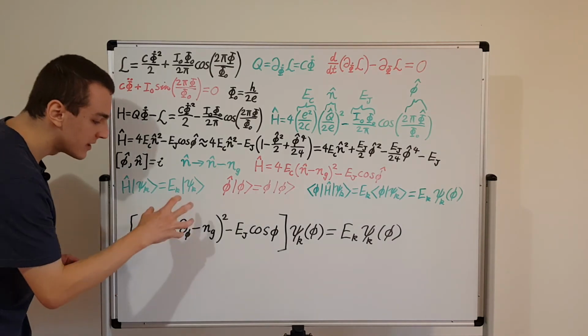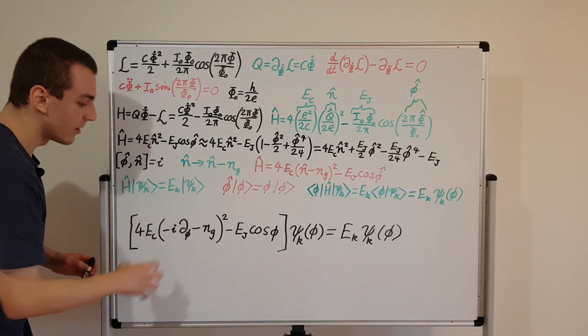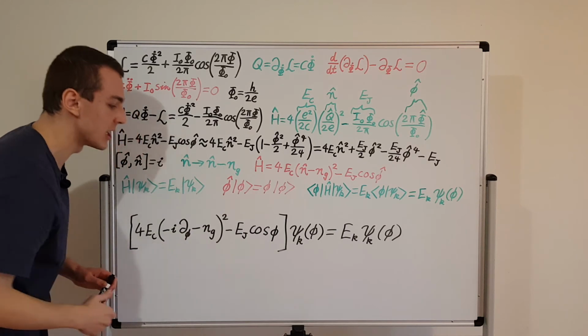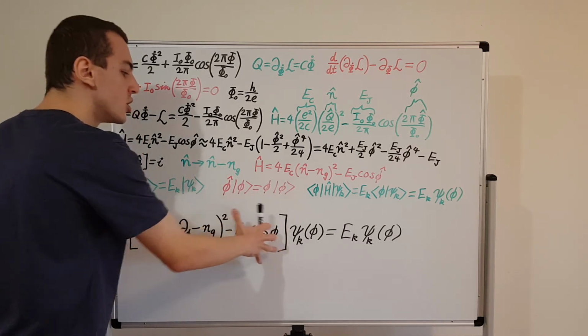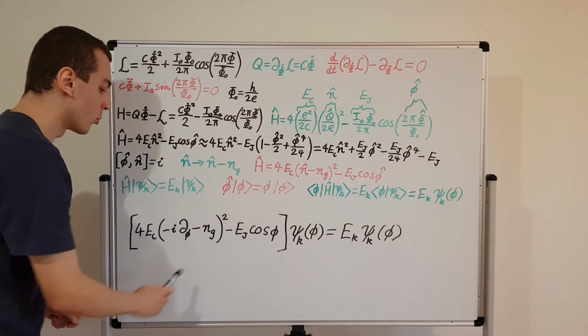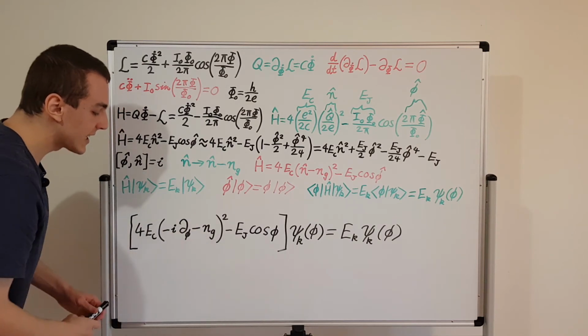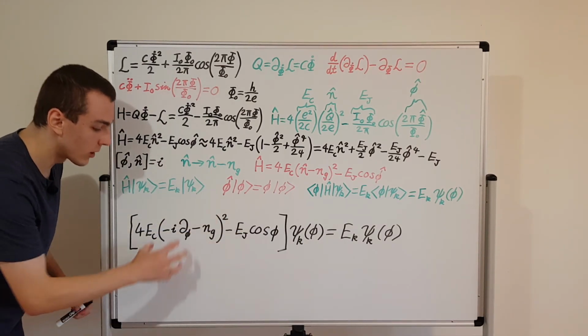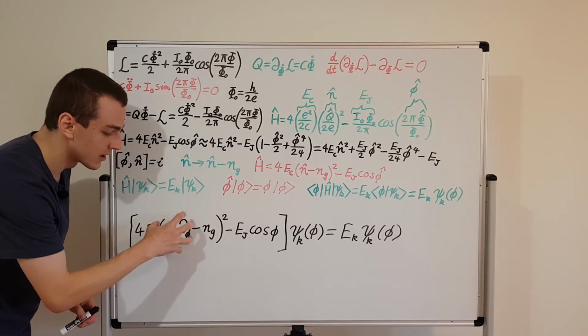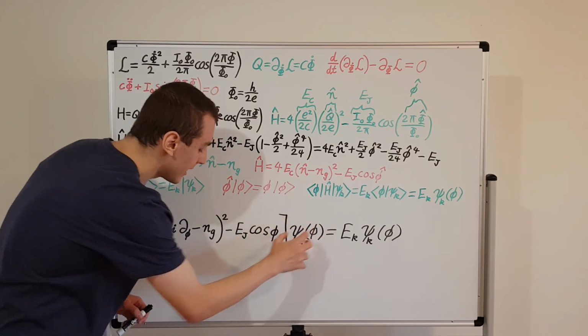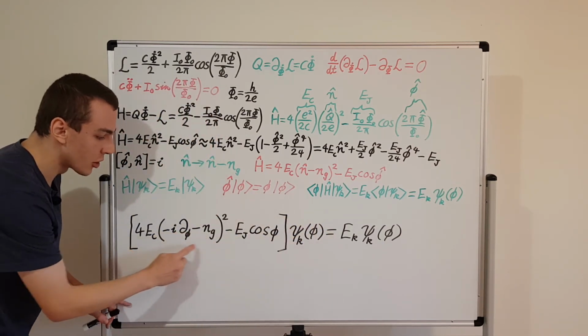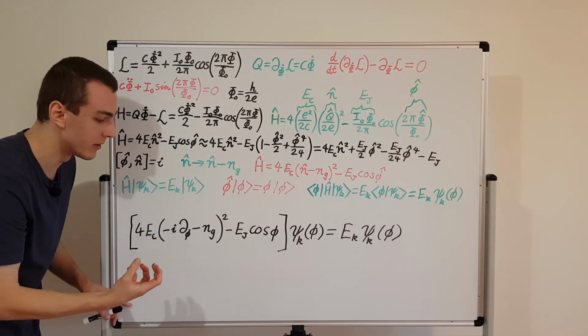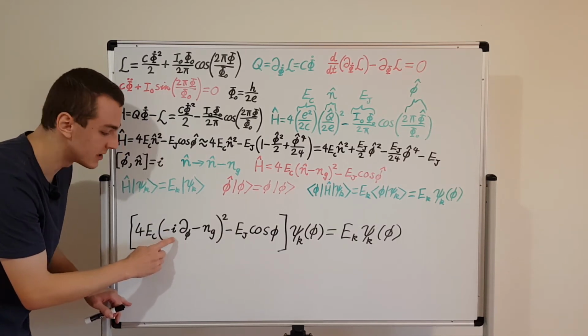So here we have this momentum, which is a derivative, and then we're subtracting off this n_g. So what is this actually going to do to this wave function? We have to expand this out, and that's going to give us three separate terms. We're going to get a second derivative. We're also going to have a mixed term, which is just going to have first derivatives, but it's also going to have the imaginary unit i.